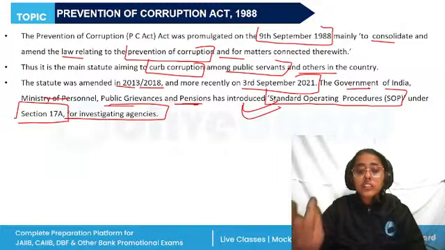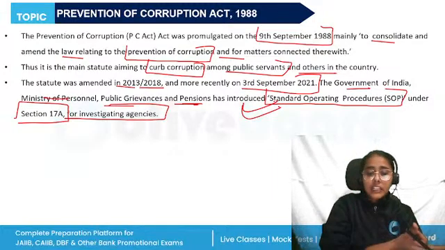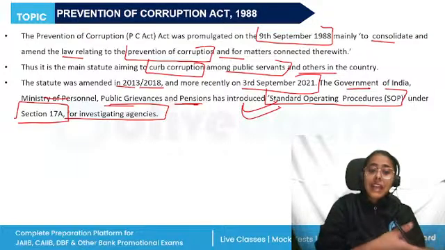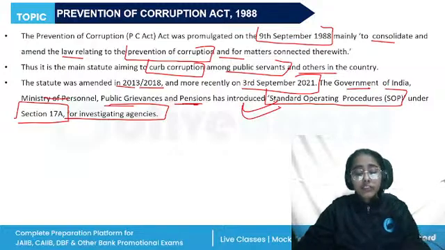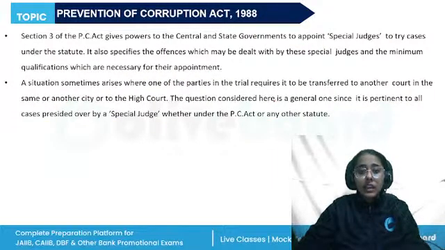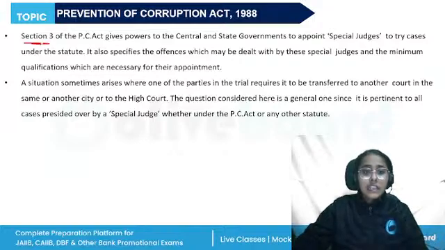And there's also a term undue advantage, which means any gratification other than the legal remuneration. If the public servant seeks a gratification other than the legal remuneration for their duties, then it will be known as the undue advantage.